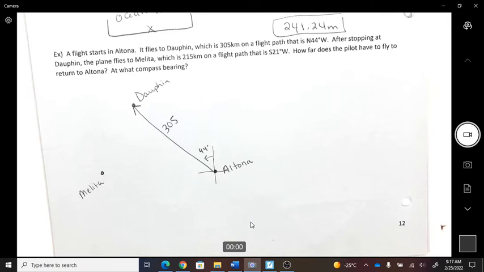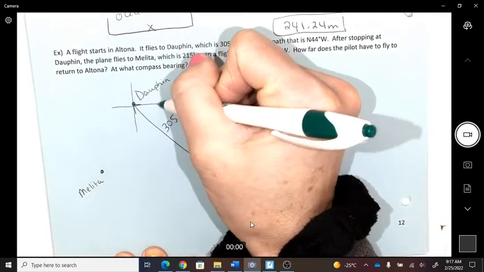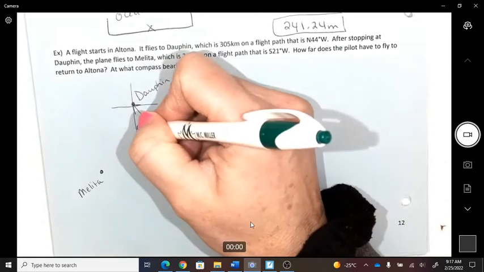After stopping in Dauphin, it heads to Melita. When it heads out, the compass goes south 21 west.